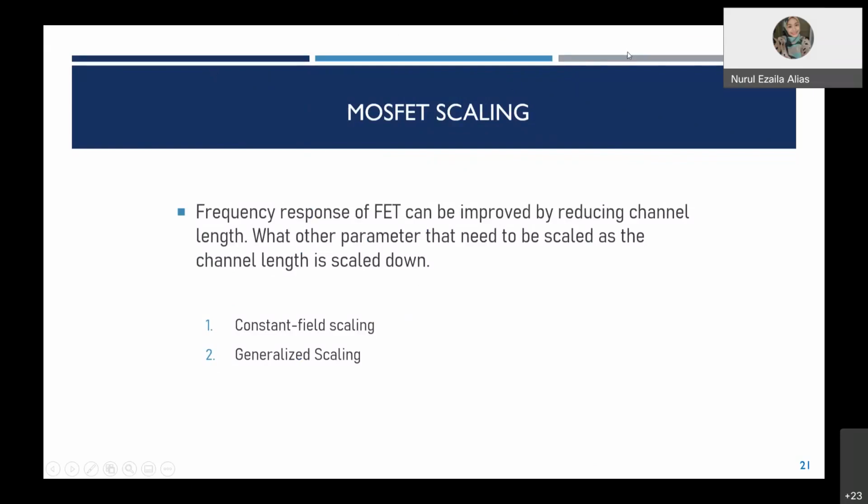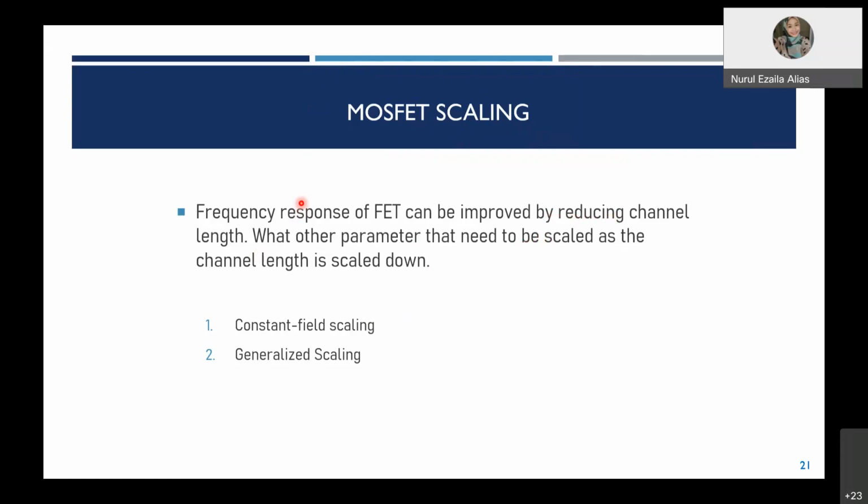All right. So for MOSFET scaling, the frequency response of a MOSFET can be improved by reducing the channel length. In the MOSFET operation topic, we have seen the frequency response at low frequency and high frequency.